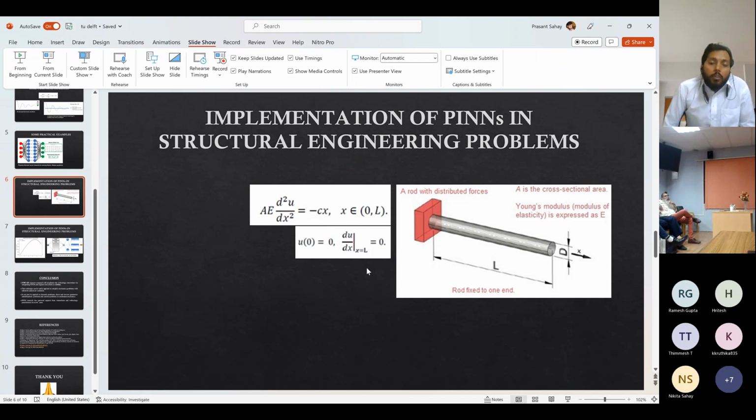Sir, we have to use the boundary condition, as I have already mentioned. We need some data and some physics. So physics is in the form of the differential equation, and data is the boundary conditions.